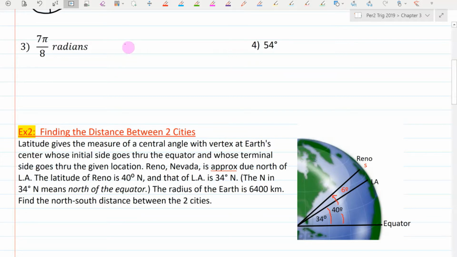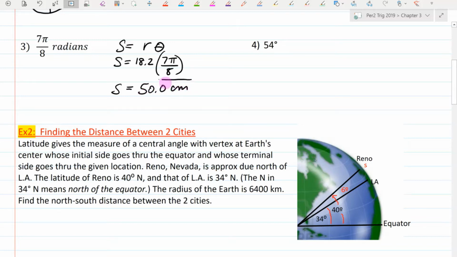S is equal to R theta. It's always good to write the formula down first. This is 18.2 times 7 pi over 8. When you multiply all that out, you get 50.0 centimeters. Make sure your S and your 5, and that's a lowercase s, by the way, look different.